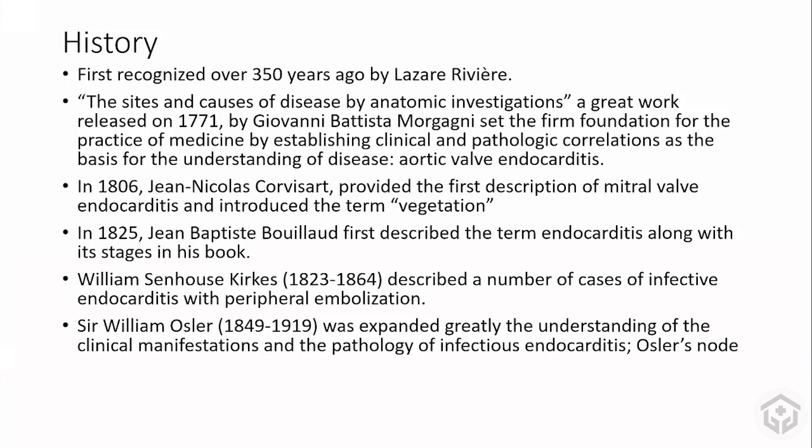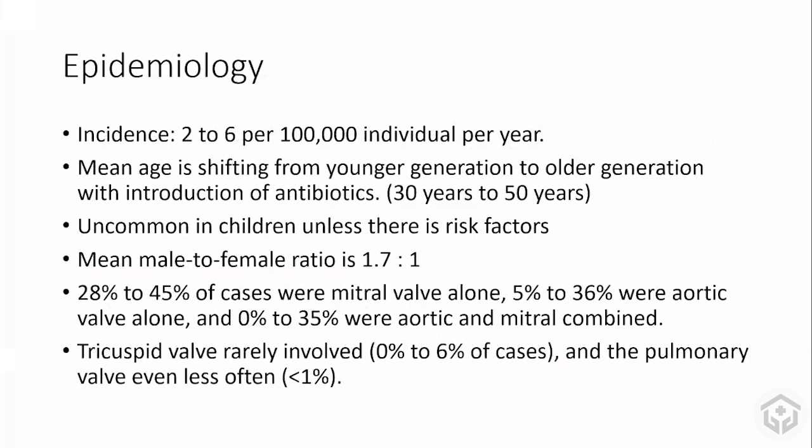He gave a famous speech at the Royal College of Physicians regarding the clinical features and pathogenesis of infective endocarditis. So likewise, the history evolved from 350 years ago to now. Next, we'll look into the epidemiology.